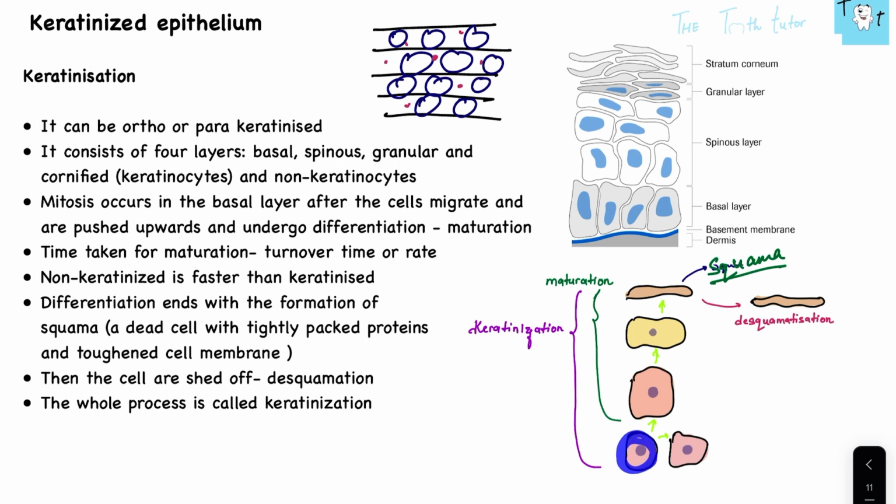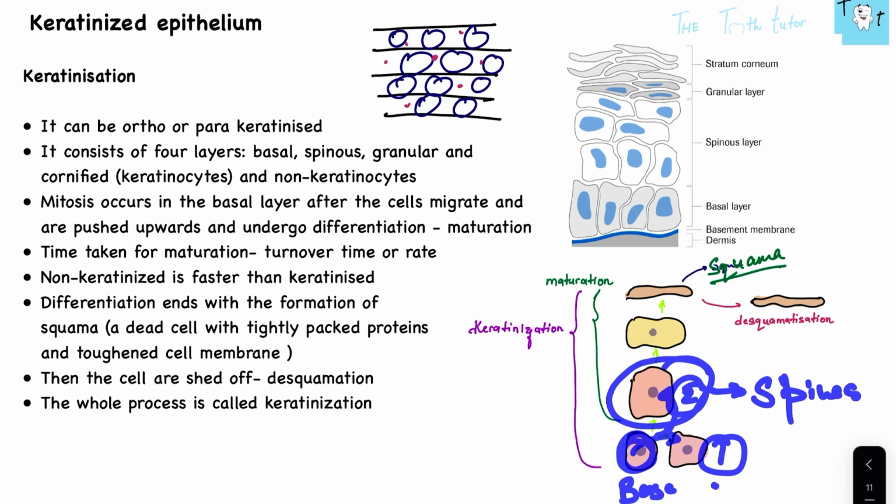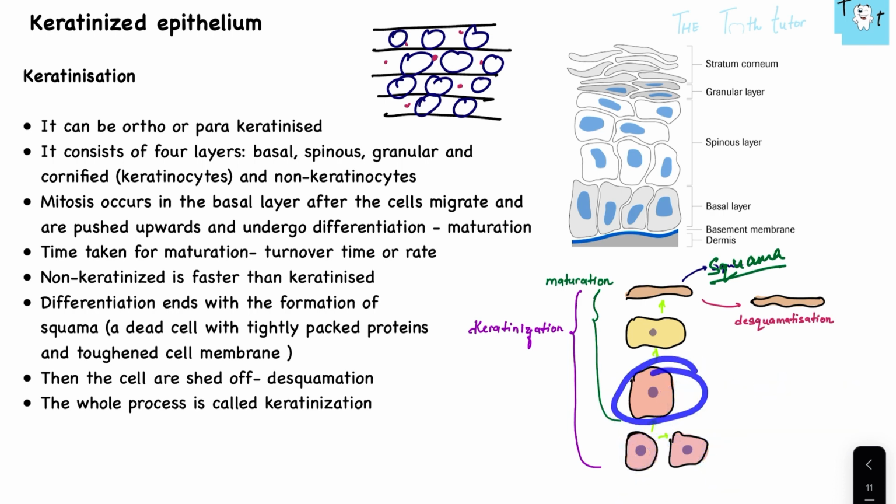So I have this cell of a basal layer. Okay, it will undergo mitosis. It will form one cell that will stay in this layer and a second cell that will go upwards. Now it is a cell of the stratum spinosum, right? Some biochemical changes happen here. Now it will move upwards and become a part of the stratum granulosum.